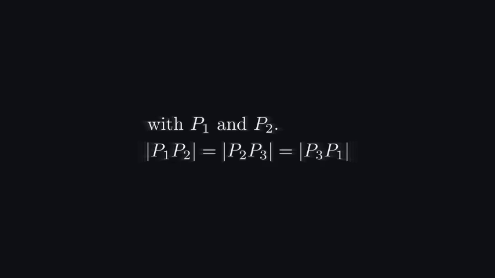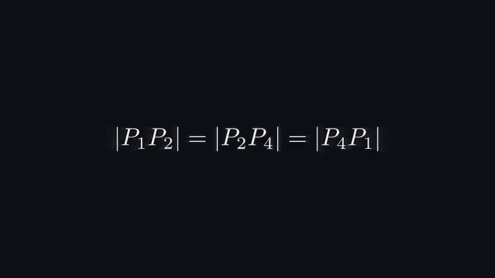The absolute value of P1P2 equals the absolute value of P2P3 equals the absolute value of P3P1. Let P3 and P4 be the 2 points that form equilateral triangles with P1 and P2. So P1, P2, P3 is equilateral, and P1, P2, P4 is also equilateral. All the relevant distances in each equilateral triangle are equal.